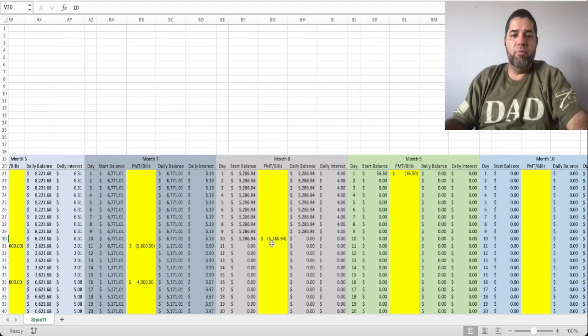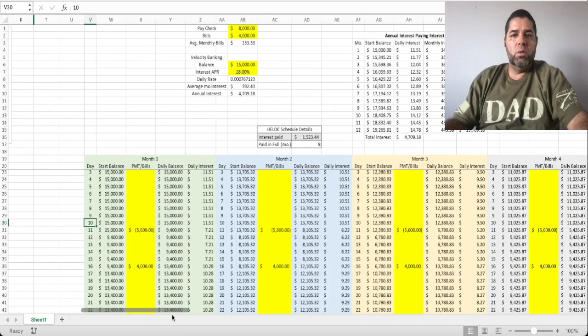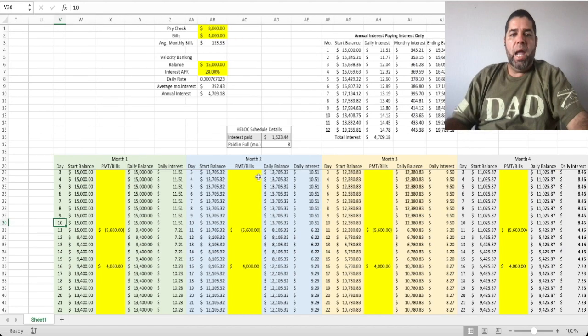Now we still have to calculate this daily interest for days 1 through 10. So next month we would owe the interest of these amounts, and we would pay that off in full on month 9. So we would have paid a total of $1,523.44 and paid the HELOC off in full in 8 months.